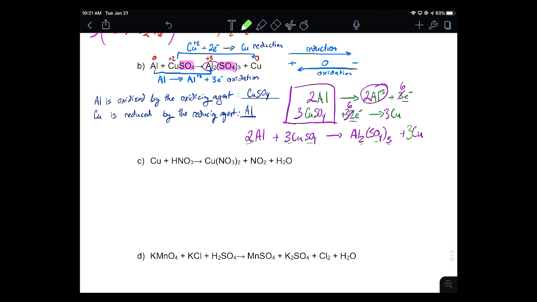You could also have changed this to the Al2(SO4)3 right away, and then just combine the two reactions. That would also work out in my favor. This is essentially that same idea of doing net reactions like we did in the ionic stuff. Very, very similar. Okay, should we do one more?